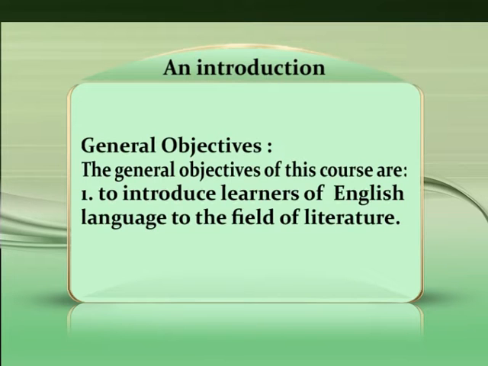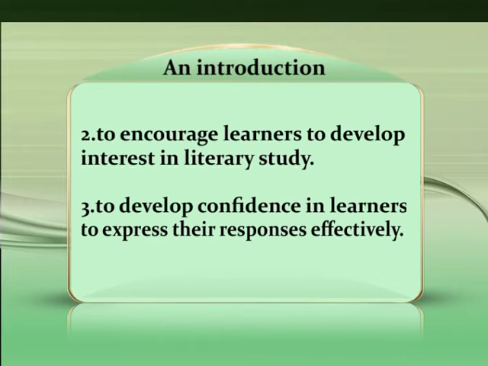We shall have the general objectives first of all. The general objectives, dear students, are meant to introduce you to the English language and to the field of literature in particular. Second, they are going to encourage you to develop interest in literary study. The third is to develop confidence, and that is very important.